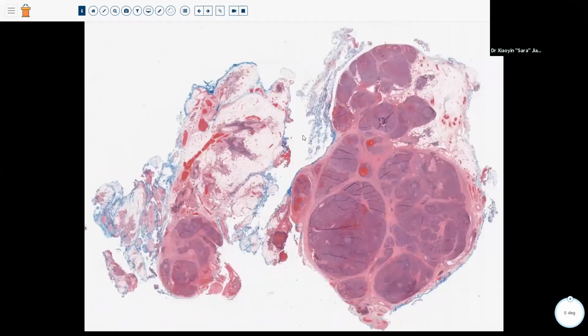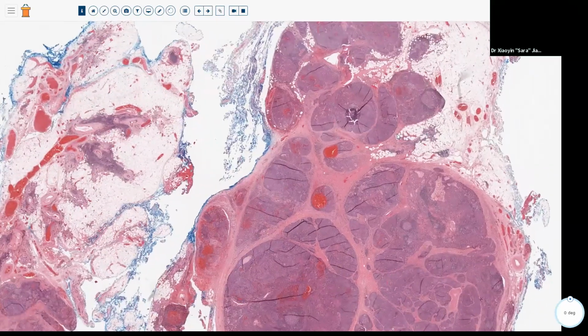And that is in contrast to this next case, where, going back again to basics, is it well circumscribed? Is it not? And it's actually not particularly well circumscribed. We can see these fibrous bands and a relatively basaloid appearing tumor infiltrating out possibly into the fat here.